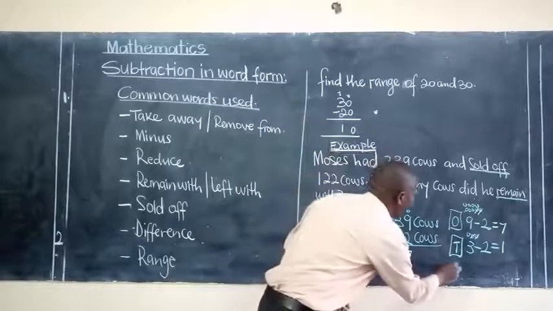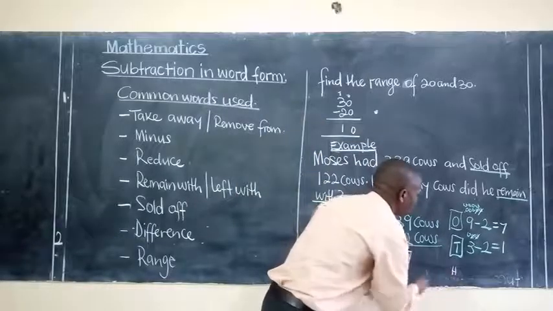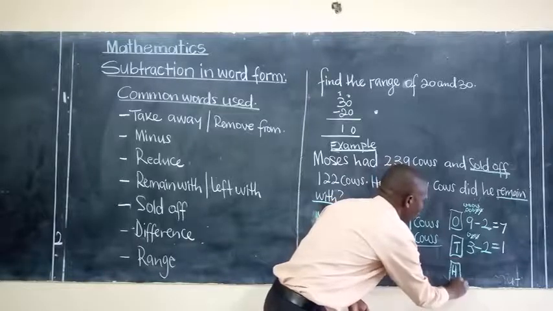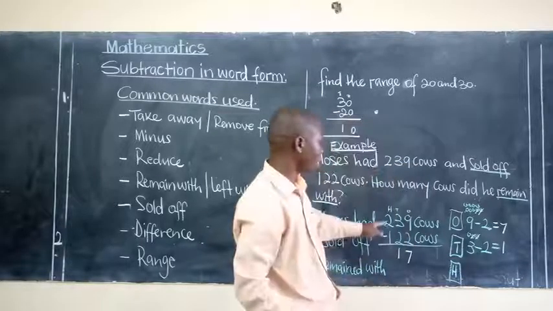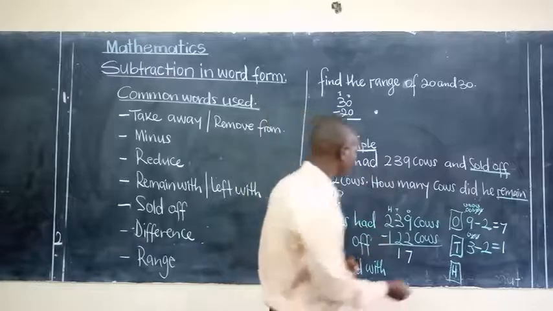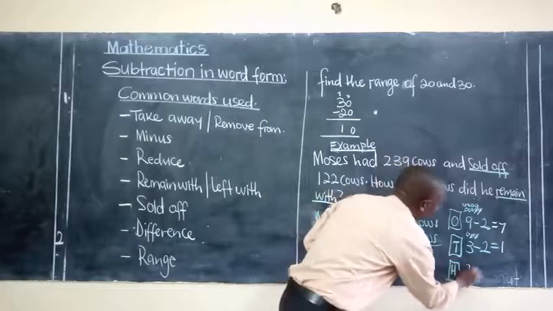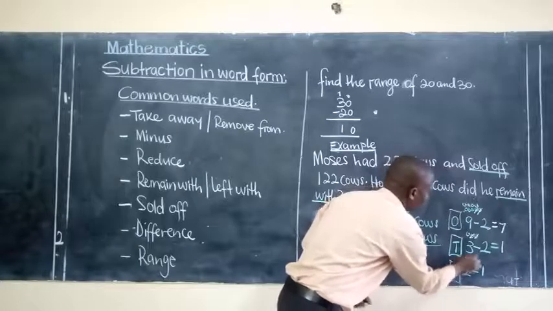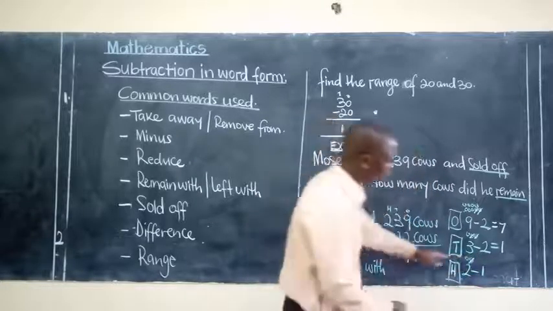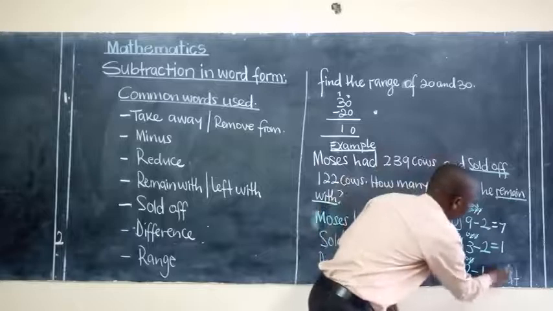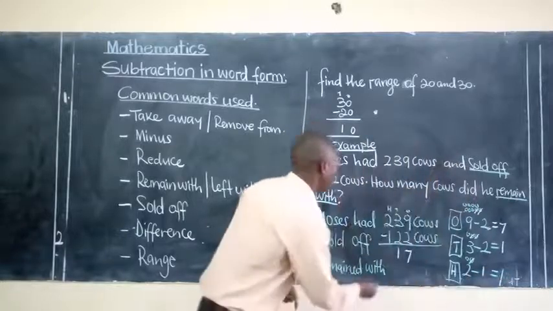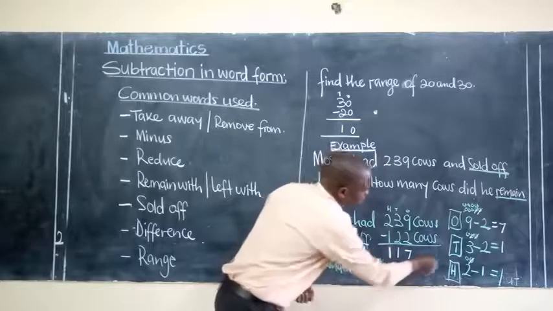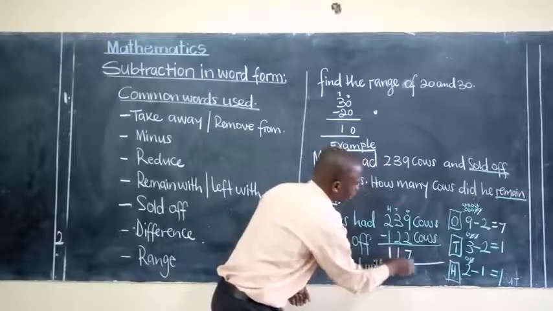Under hundreds we are having 2 take away 1. 1, 2, we are taking away 1. And we have 1 remaining. So we shall put our 1 there.